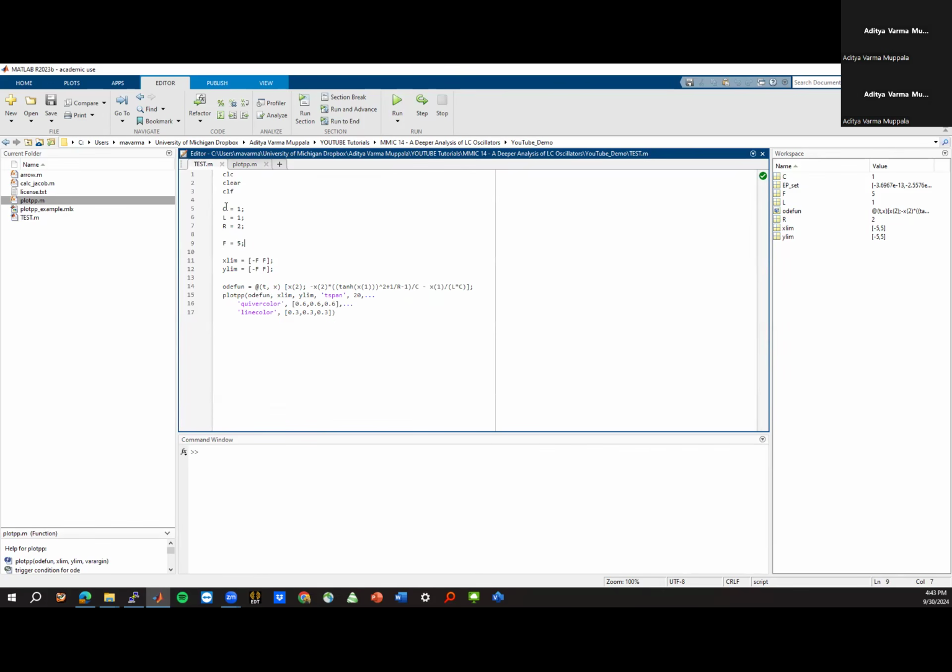Okay, so what do I have here? I have RLC values. I've set R equal to 2. You can set it to 1, but it's easier to see things when R is 2. The limits of the phase portrait I've set to -5 to 5. Everything is normalized here. Of course, you can change the L and C values to whatever you like, but keep in mind that when you change them, the y-axis will change dramatically.